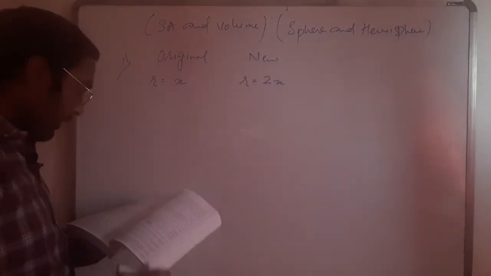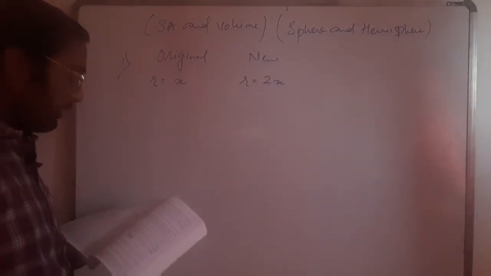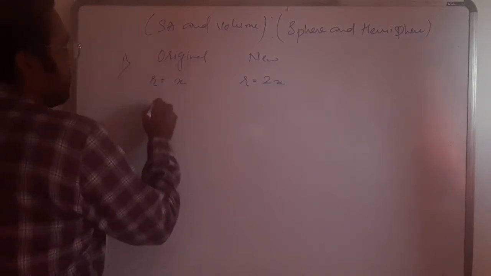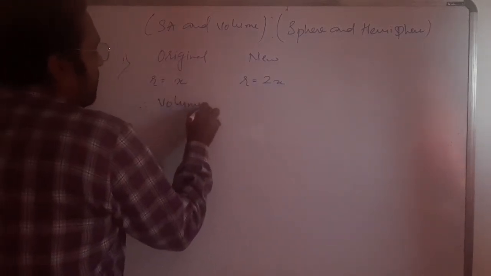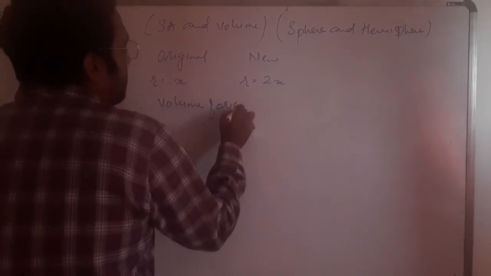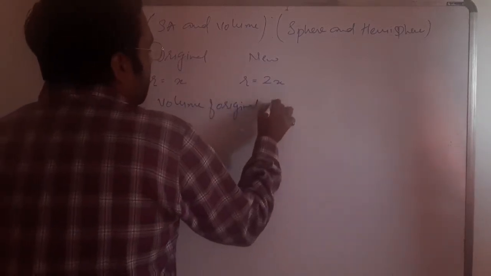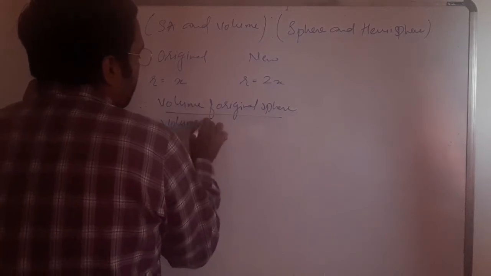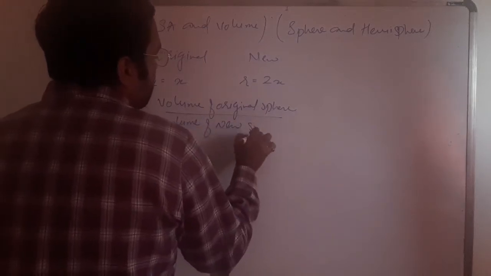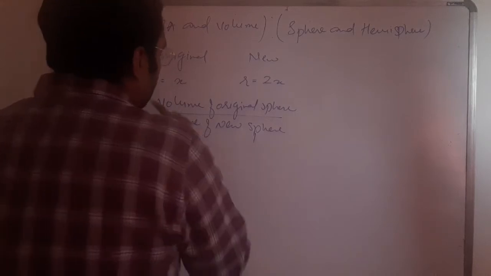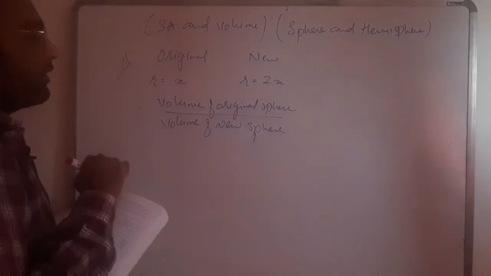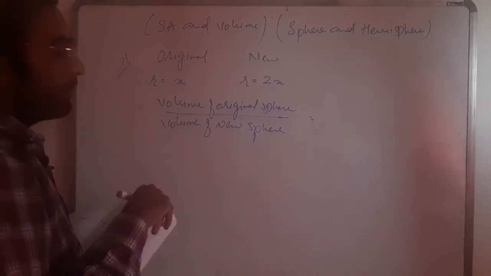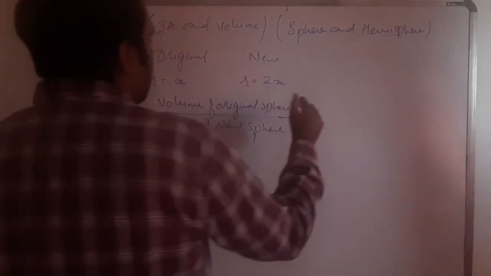We have to find the ratio of the volumes, so we divide volume of the original sphere upon volume of the new sphere.